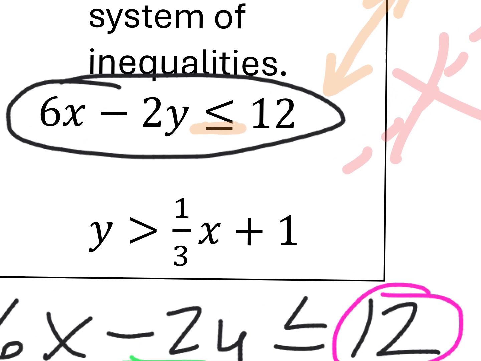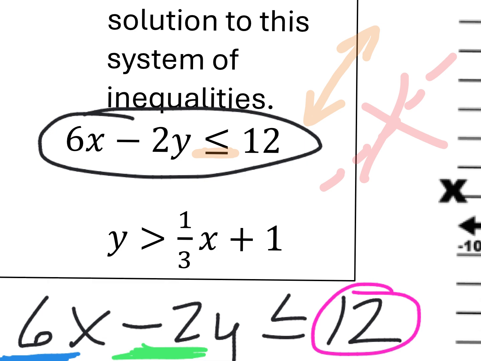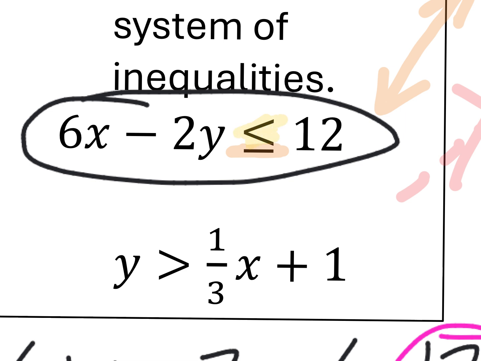And you would think that we would shade below the line because this is a less than. However, because we had to divide by a negative number, we're actually going to flip the inequality symbol around.